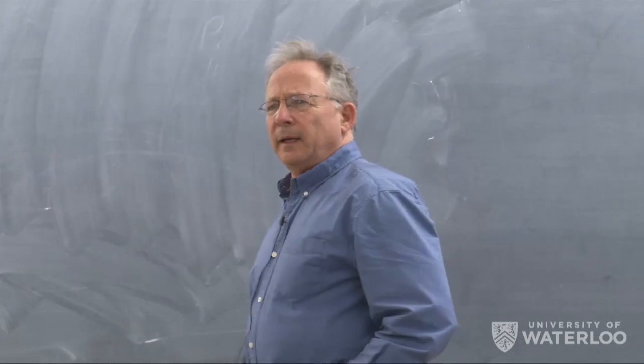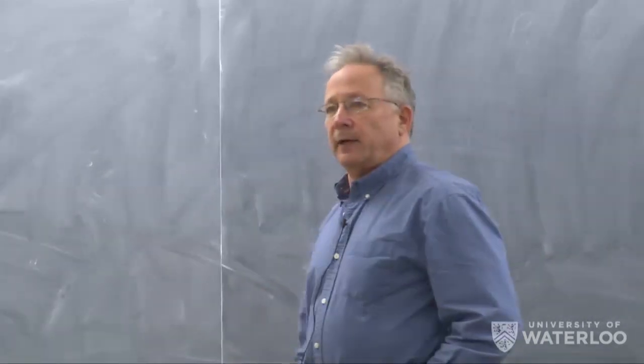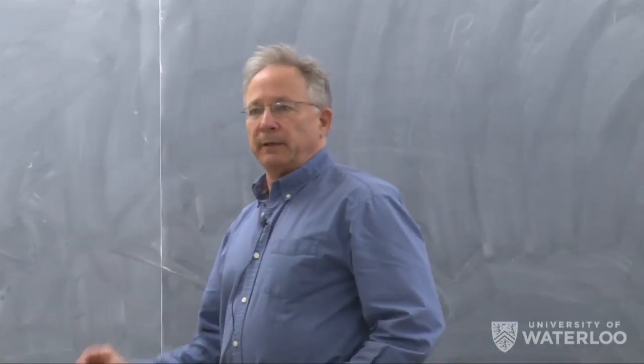Okay, so let us recall where we are. We had our fundamental theorem, and I'm not going to repeat the theorem. I'm just going to remind you what it is.